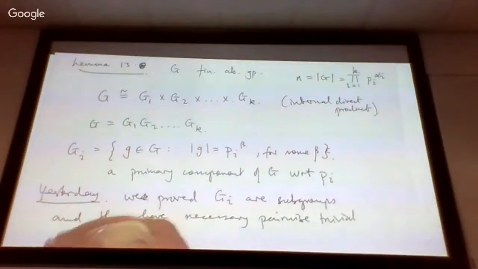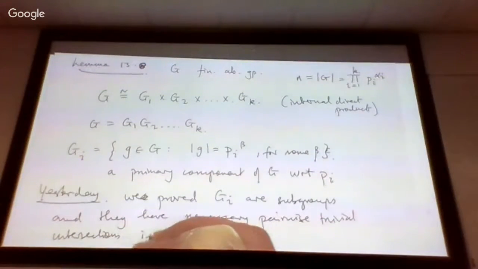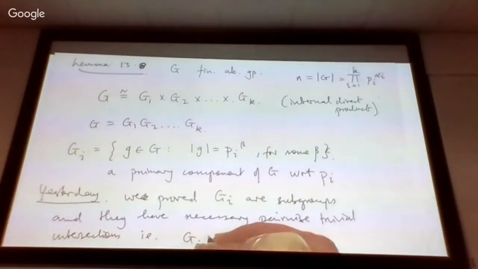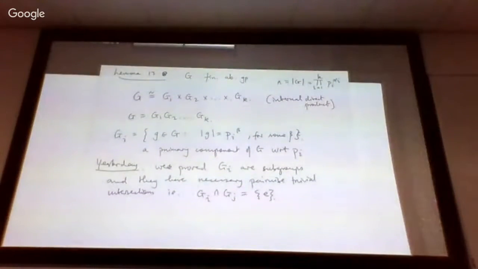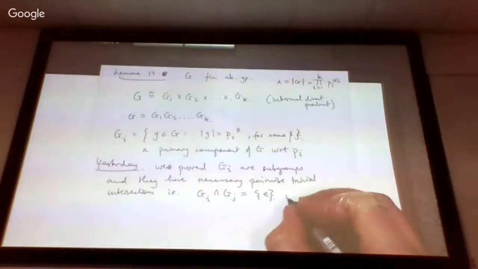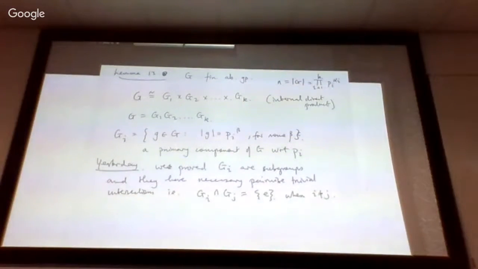What does that mean? It means GI intersect GJ, well, they're subgroups, so they do have some intersection, at least the identity element, but their intersection is only the identity element when I is not the same as J, when we're talking about two different ones. So they all have trivial intersection.